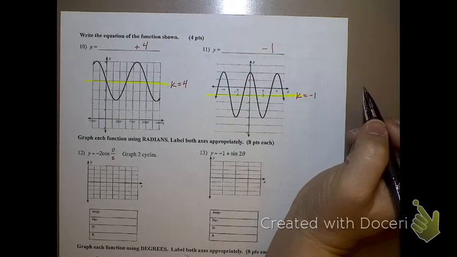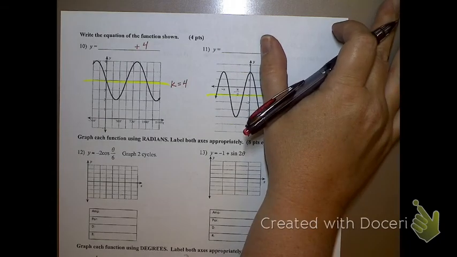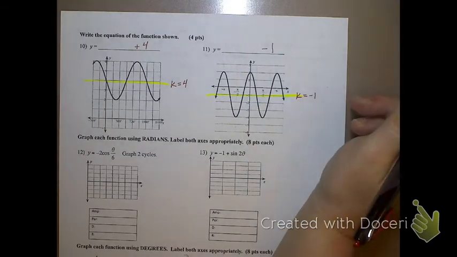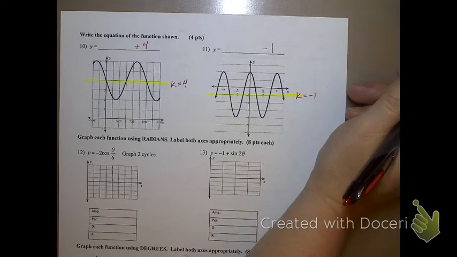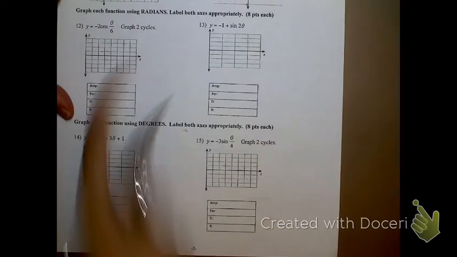Questions about that? What if my midline was at 0? Then there would be no k value. There would be no number at the end. You would just leave it blank. Okay? Yes? Do we have to highlight it? Do you have to highlight it? Here, no. Here, yes. Okay?